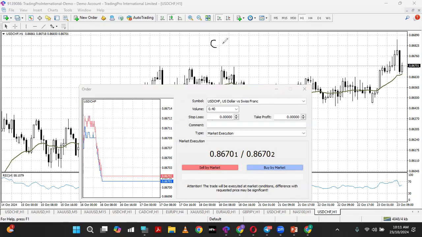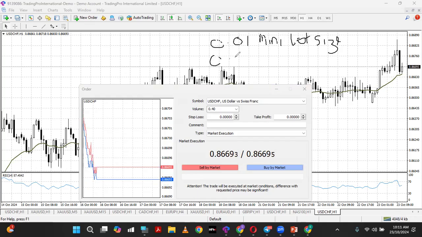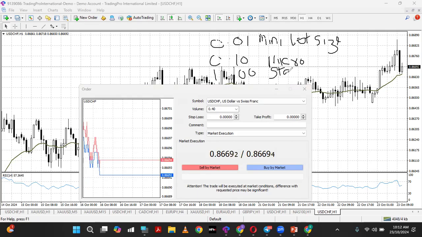The lot sizes we have: 0.01, which is what you call mini lot size. Then you have 0.10, which is what you call micro. Then you have 1.00. This is what you call a standard lot size.